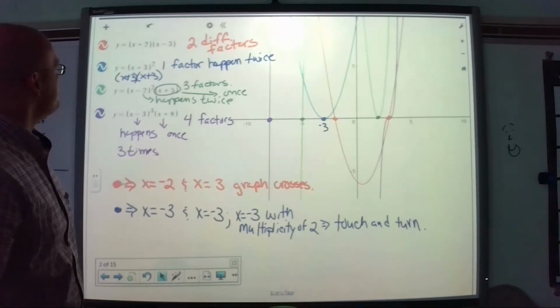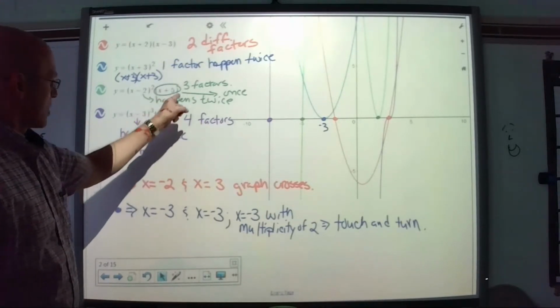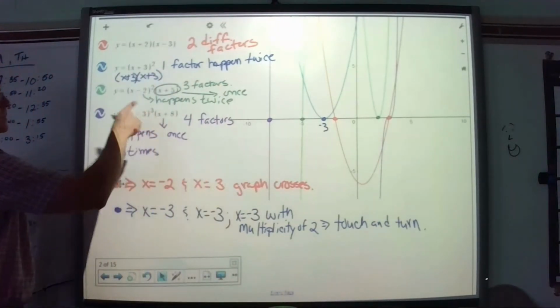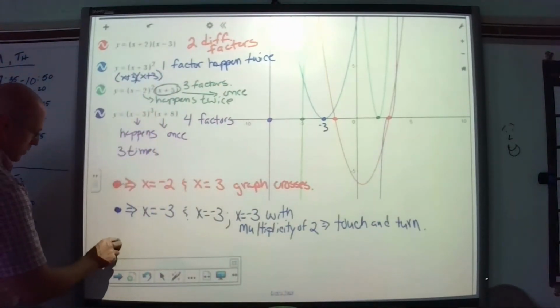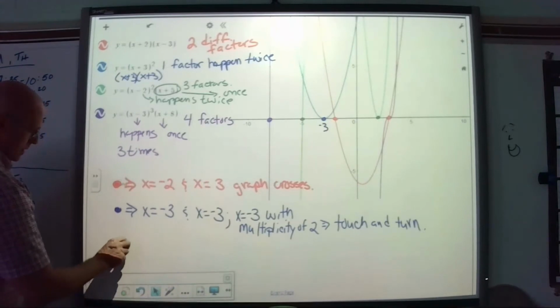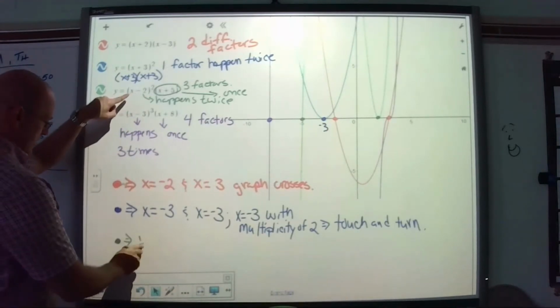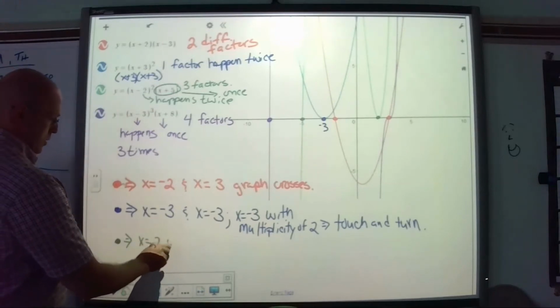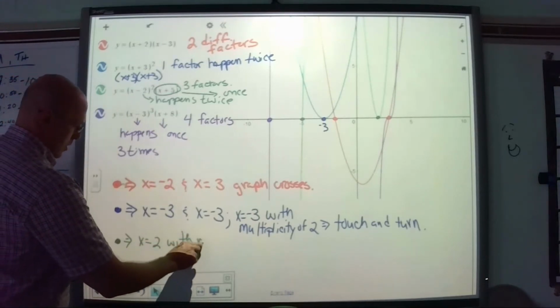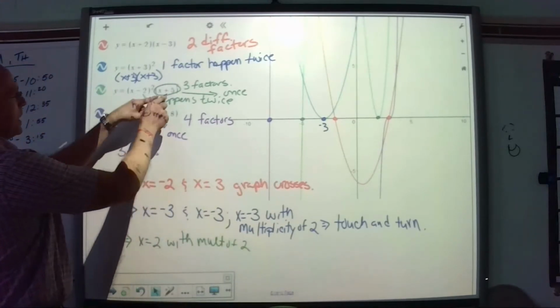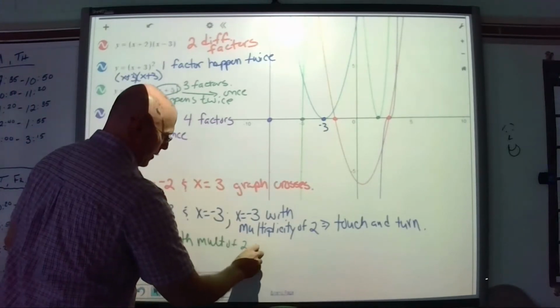All right. Let's go to the green one. Let's see what's happening here. How many unique zeros do we have for the green one? For the green one, this is going to be x equals 2 with multiplicity of 2, and x equals -5.